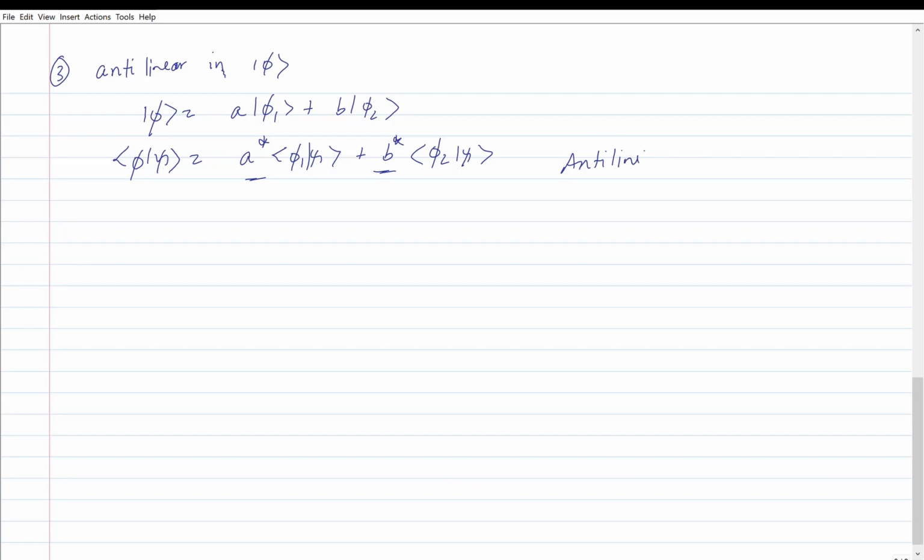If phi is a phi 1 plus b phi 2, then the inner product with another vector is anti-linear. The coefficients come as complex conjugates.